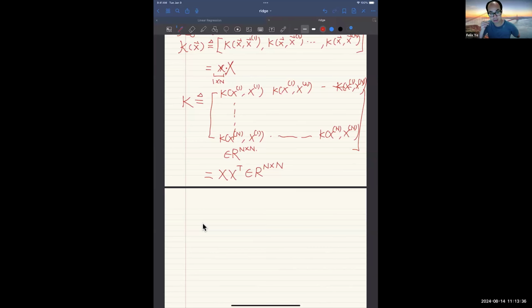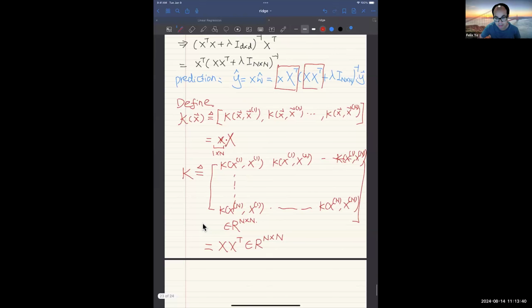So that means, in fact, we don't need to get this X matrix explicitly, because this X matrix is n by d, and d could be very large.